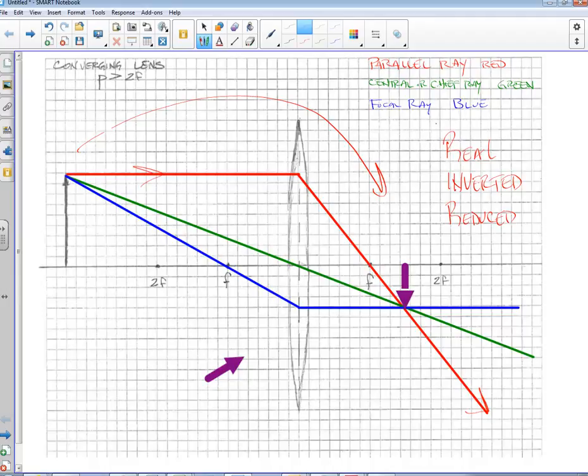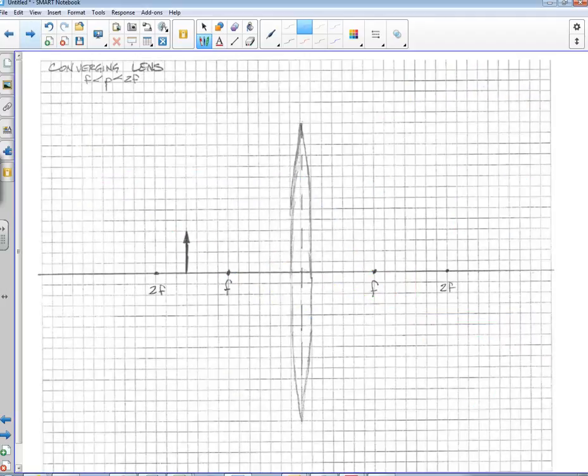Okay, so let's move our object to between the focal length and but less than double the focal length, and we'll start the same process. We'll go parallel ray, comes in, I'm going to have to adjust that one, and then goes out through the focal point.